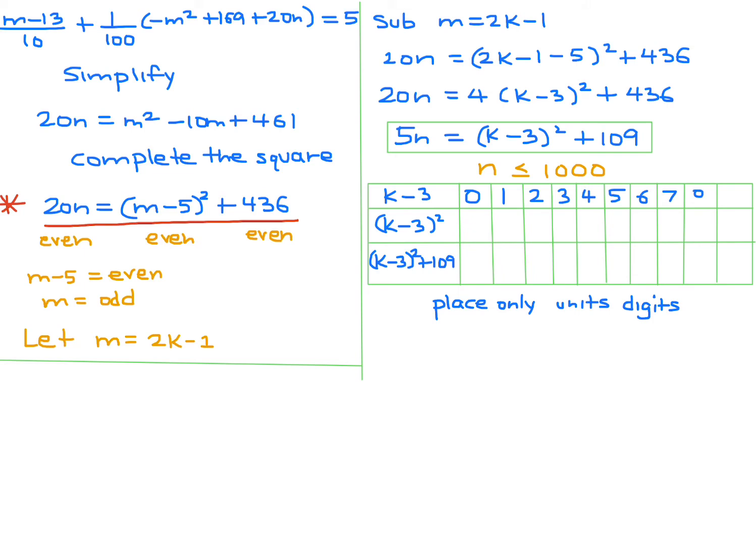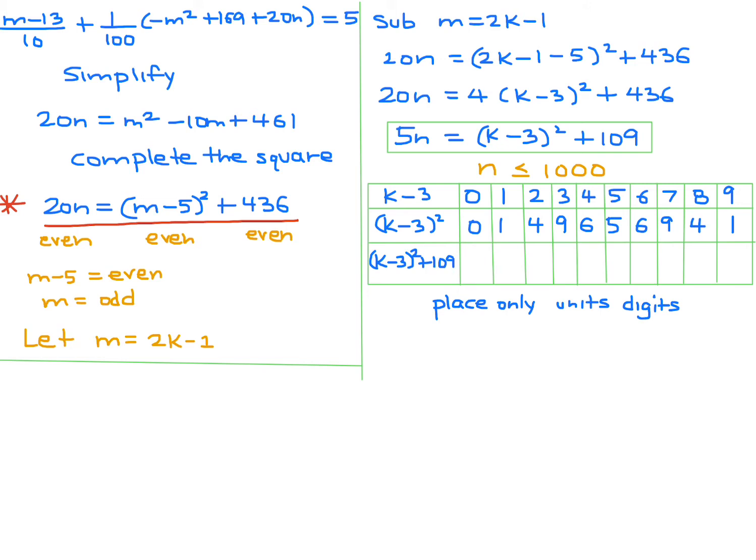Those are all the possible units digits. Okay, if that is the case, when I square it, what happens? Well, the units digits then become 0, 1, 4, 9, 6, 5, 6, 9, 4, and 1.